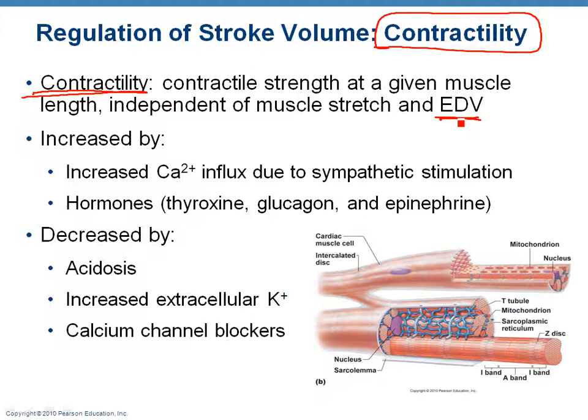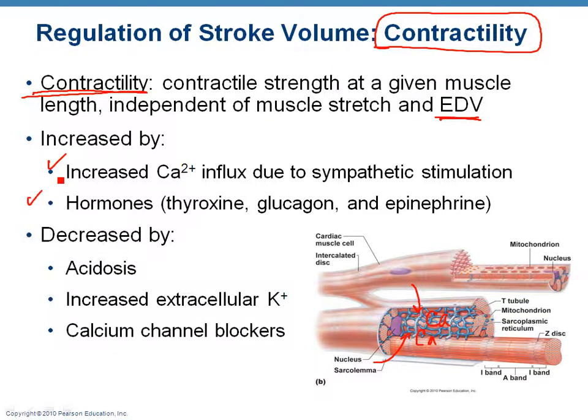Several different things can do this. Increasing calcium influx into your cardiac muscle fibers. Hopefully you remember back from Biology 201 about the critical role of calcium in binding to troponin, which then allows those actin and myosin cross bridges to form. So if you increase calcium influx into the cytoplasm of your cardiac muscle cells, that's going to lead to longer and more forceful contractions.